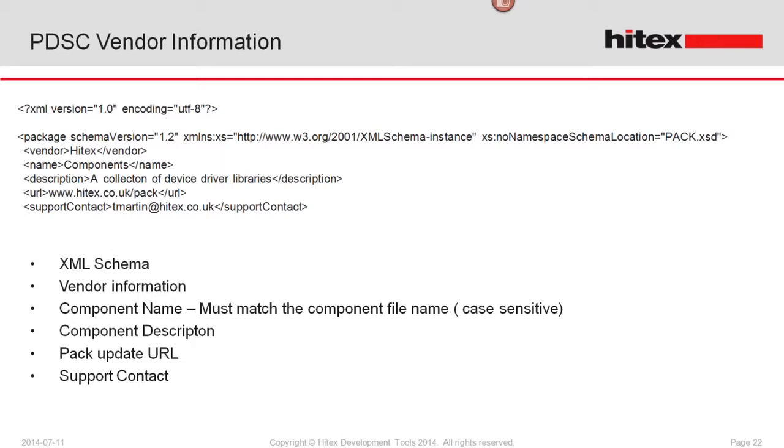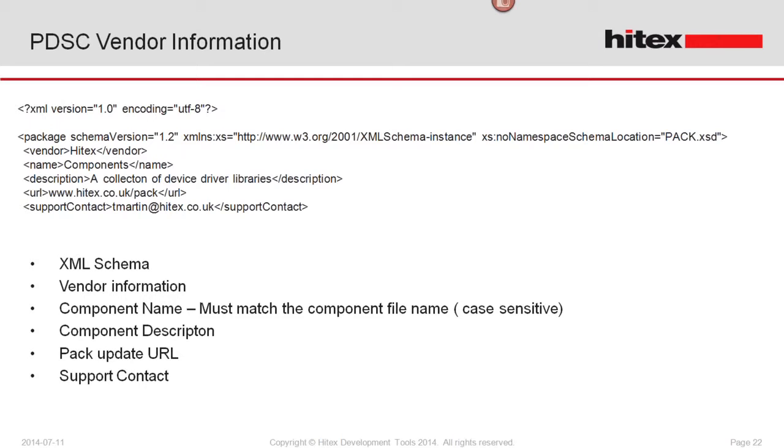So first of all we have a header that we need to edit. In here we can set up the vendor name and the name of the pack, and these must match the actual file name of the pack description file. We can also provide a URL where the pack will be maintained.